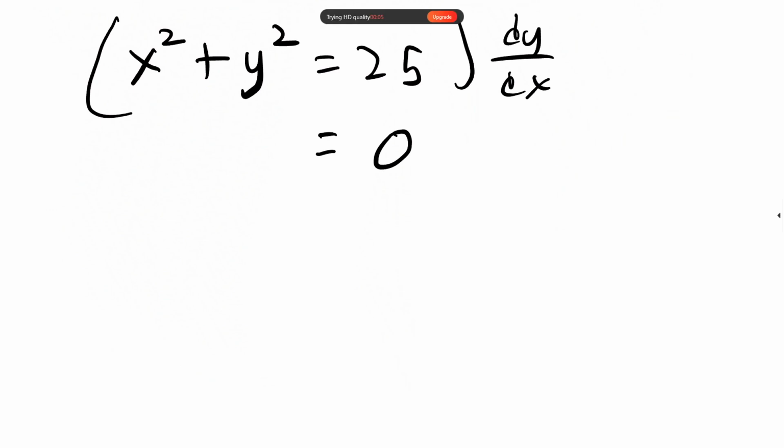For x squared, it's going to be the same as always. So we're going to have 2x, just using the power rule. After using the power rule for that, we're going to use the same rule for y squared. So it's going to be 2y.